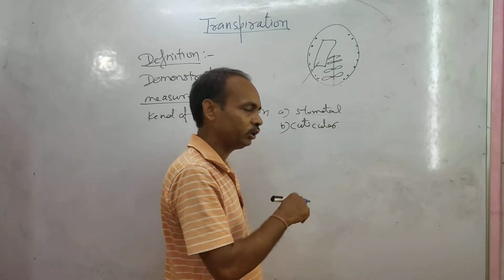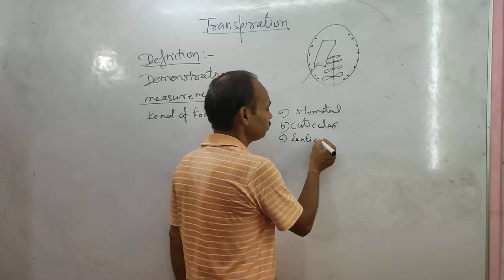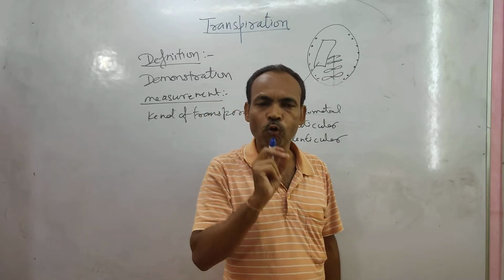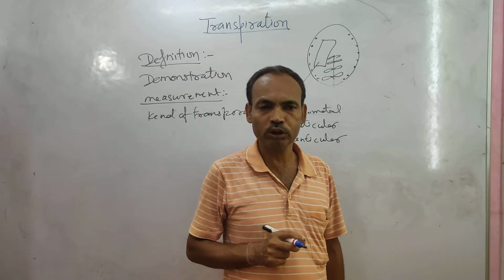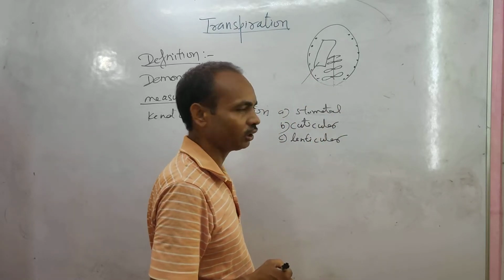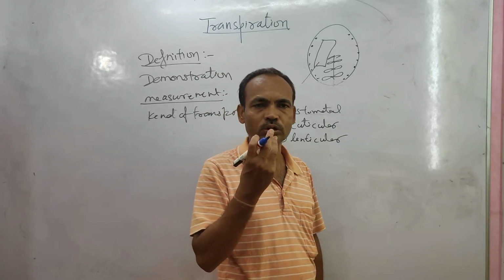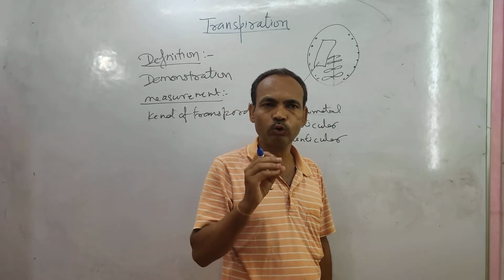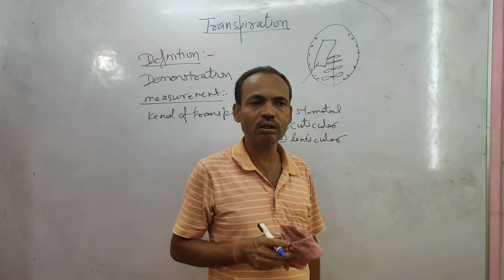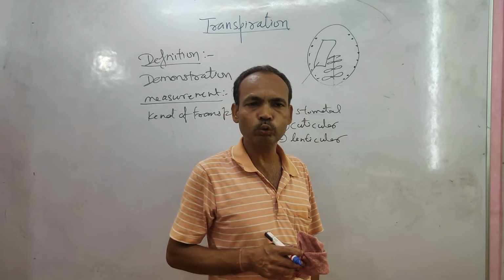And the third is lenticular, in which transpiration occurs from the minute openings of old stems. Stomata are closed at night and open during the day to control transpiration, which is controlled by two guard cells.